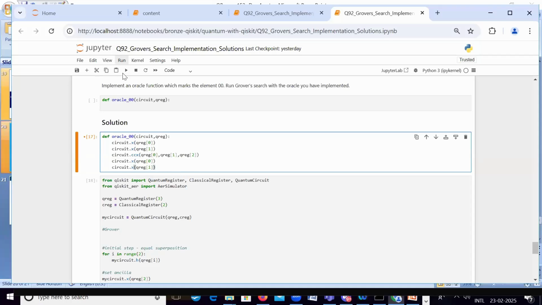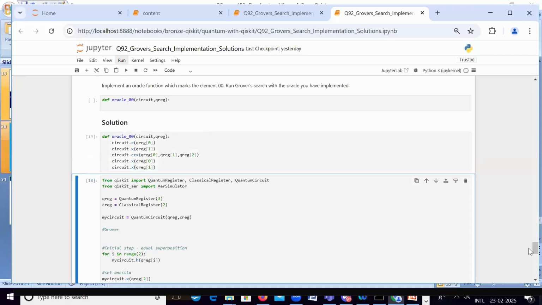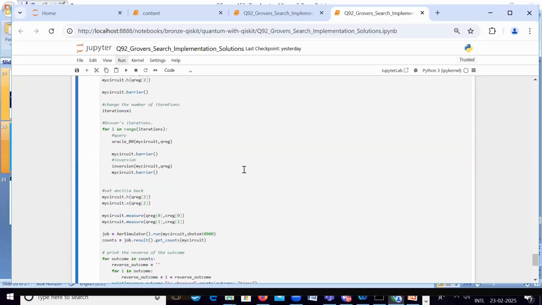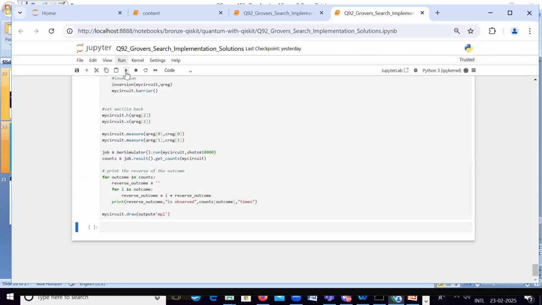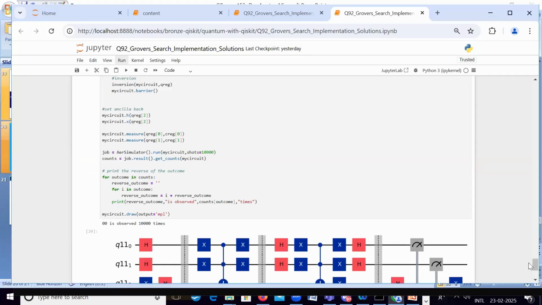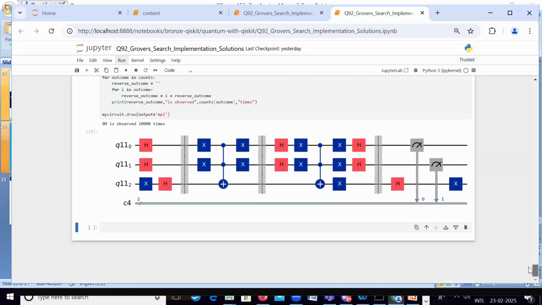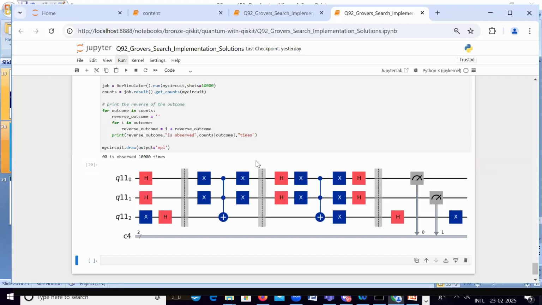So it has to be X. Putting this back to X sends it back to the initial state, as it is reversible. That is the condition discussed. With that, it gives the 100% result as expected.